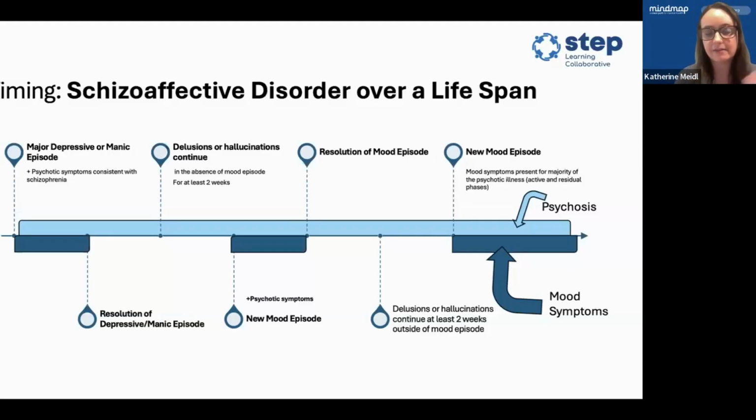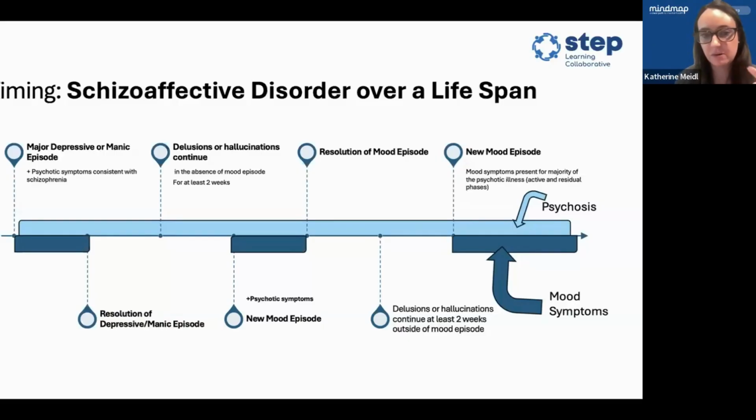So a key with schizoaffective disorder is that you are going to have a period of time where you're meeting criterion A of schizophrenia. You're meeting that 1 month of active phase symptoms of schizophrenia.